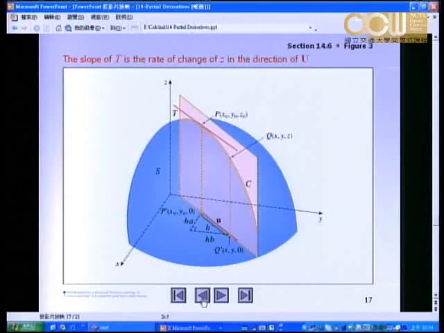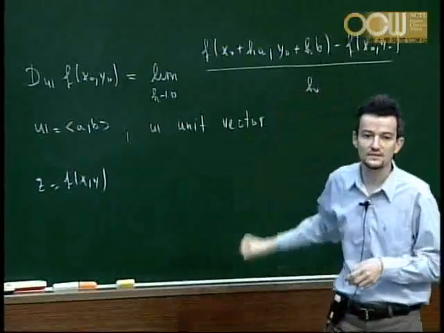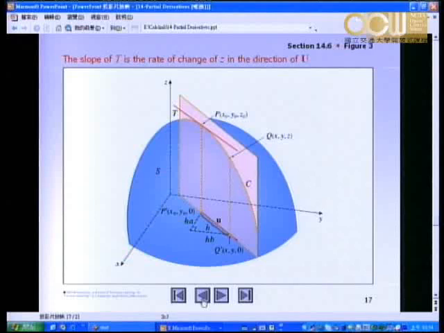This is the usual approach: the secant which passes through P and Q. I compute the slope of the secant instead of the slope of the tangent, and then I let Q tend to P. The slope of the secant from P to Q is given by the function value at Q minus the function value at P, divided by the length which you get if you project those two points down.